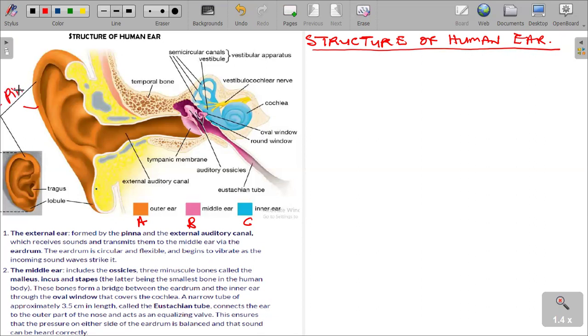It is the pinna, this part here. We want to give the functions of the pinna. What is the pinna?